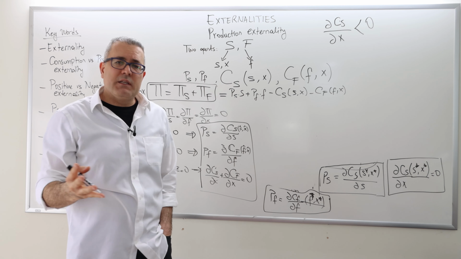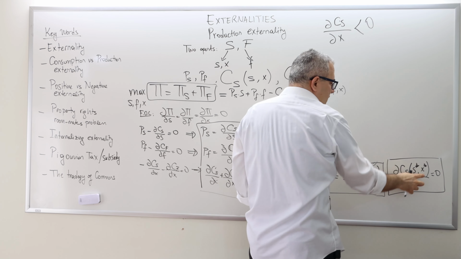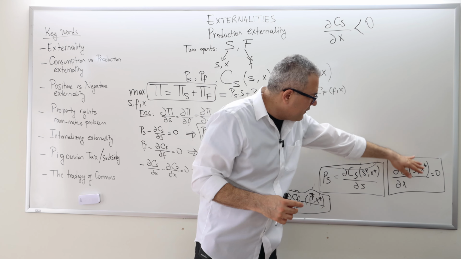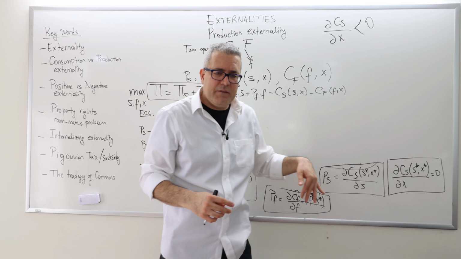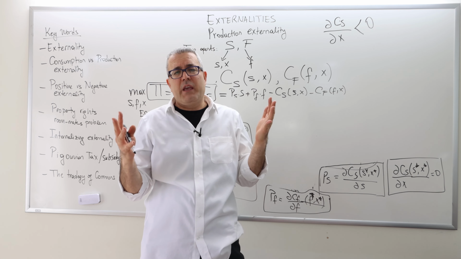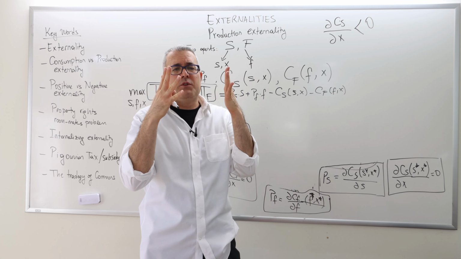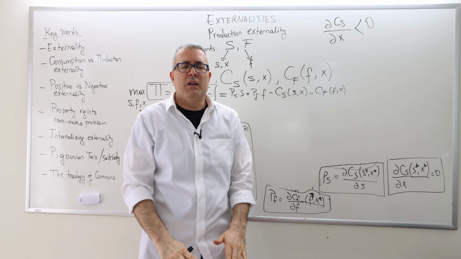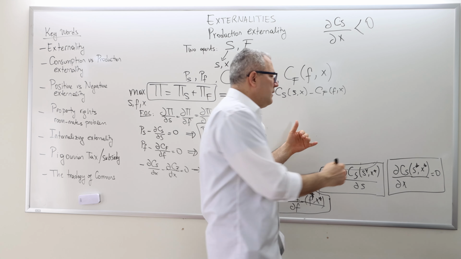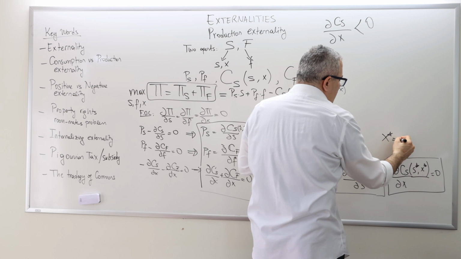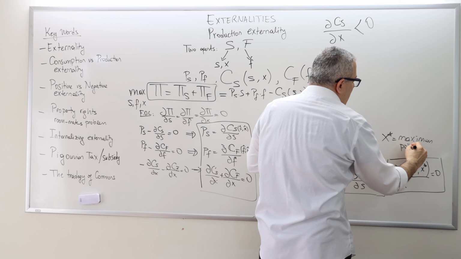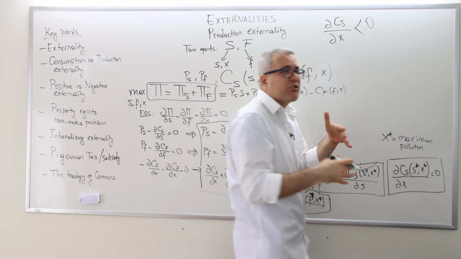So what does that mean? Does that mean that the S star and X star will never exist? No. If the marginal cost is negative, it means you should choose the pollution level as high as you can, because as you increase the pollution, your cost is decreasing. So therefore, the optimal X star is equal to the maximum pollution you can create.